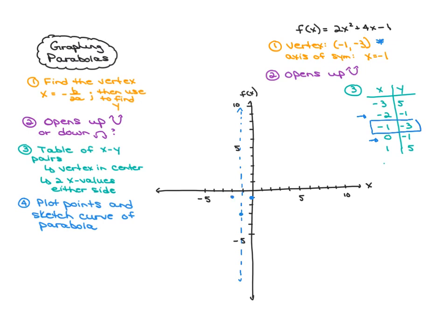So as you plot a point and its mirror point, or a point and its symmetric point, it just makes your graphing so much easier. Next, let's do 1, 5, and its mirror point, negative 3, 5.